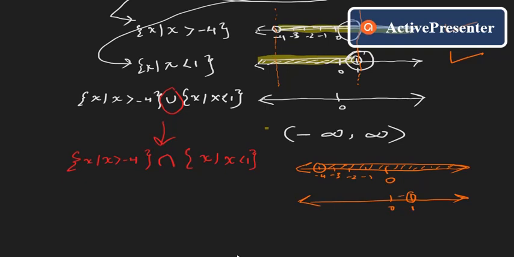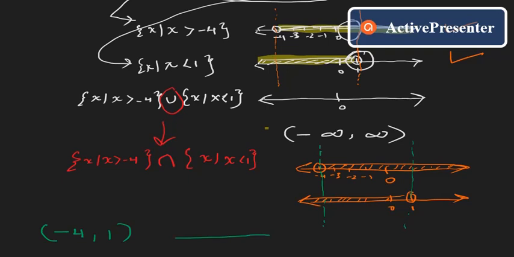And here it's going to negative infinity. All of them are open. The intersection is going through this portion up to here. Where do they intersect? They intersect from minus 4 to 1. Of course, minus 4 open to 1 open.